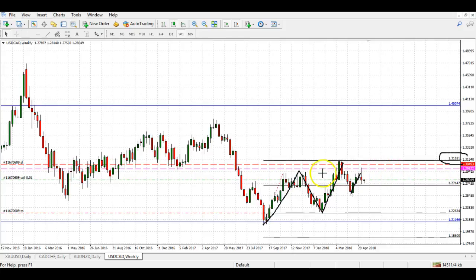That purple dotted line is the last level of correction, 76.4 in relation to the previous downside move, which I think is the first downside segment of what may become the fourth leg. And I think this recent upside move was just a local correction, mostly because it reached that last 76.4 level and completely bounced off.